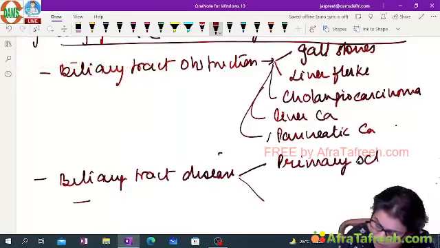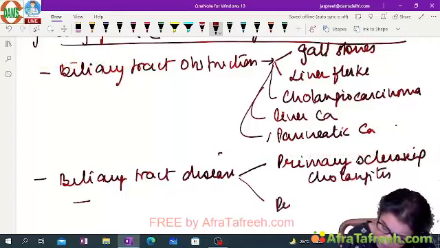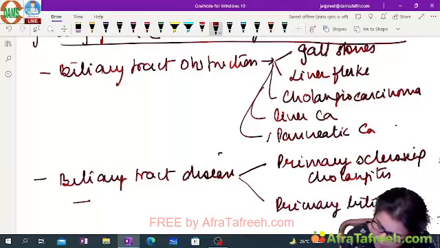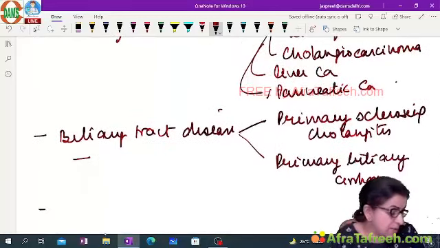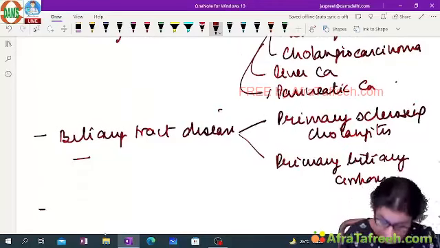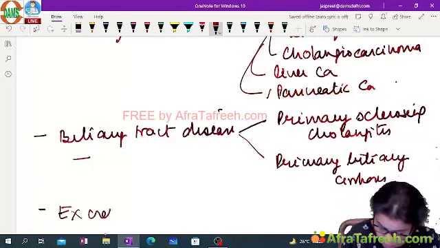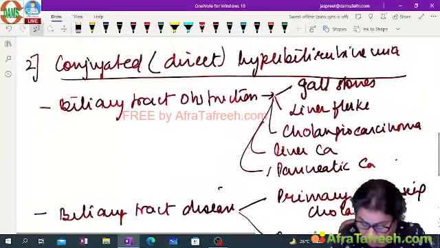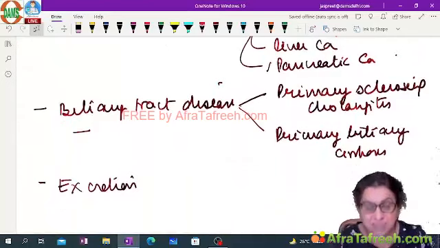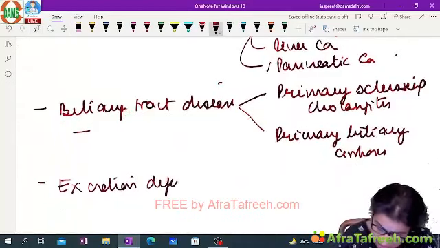And the third cause is hereditary excretion defects. The first two causes are biliary tract obstruction or biliary tract disease, where bile ducts are defective. The third cause is excretion defect.